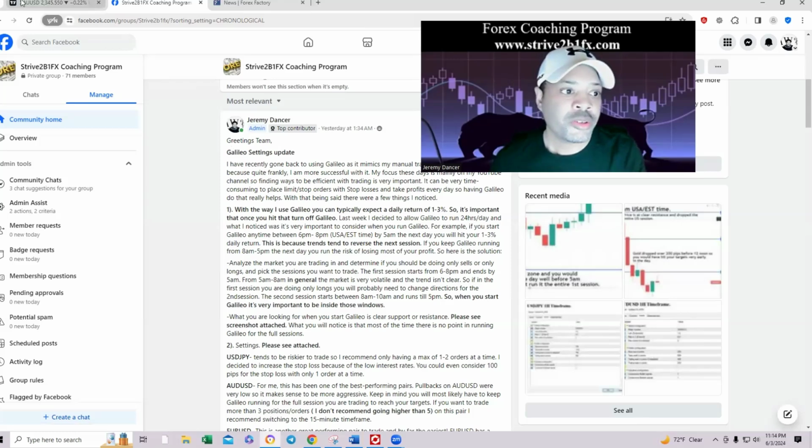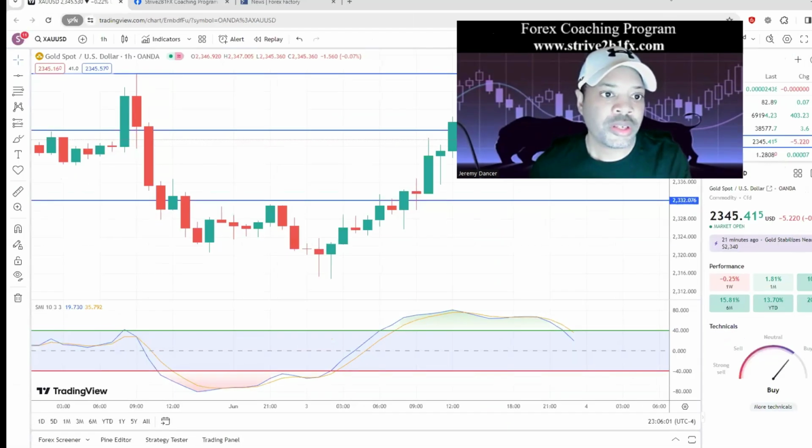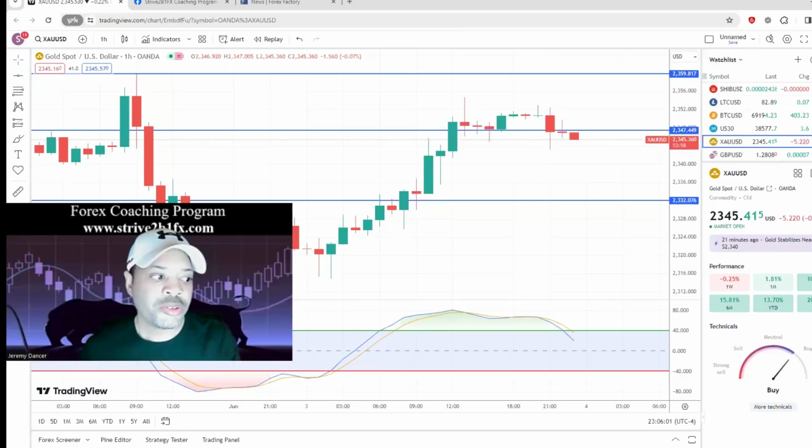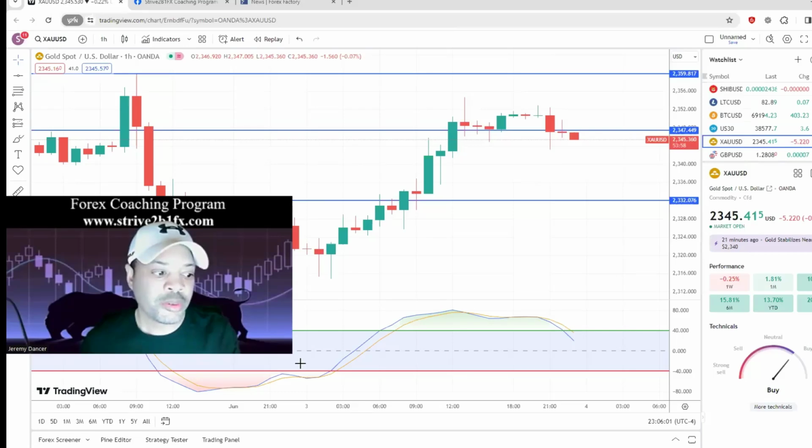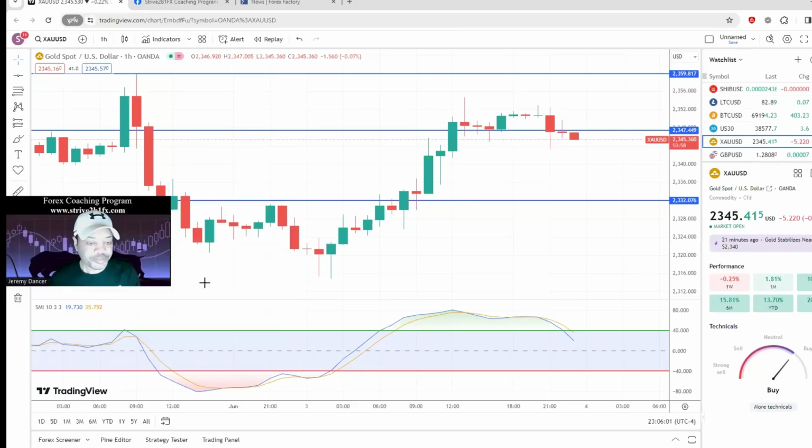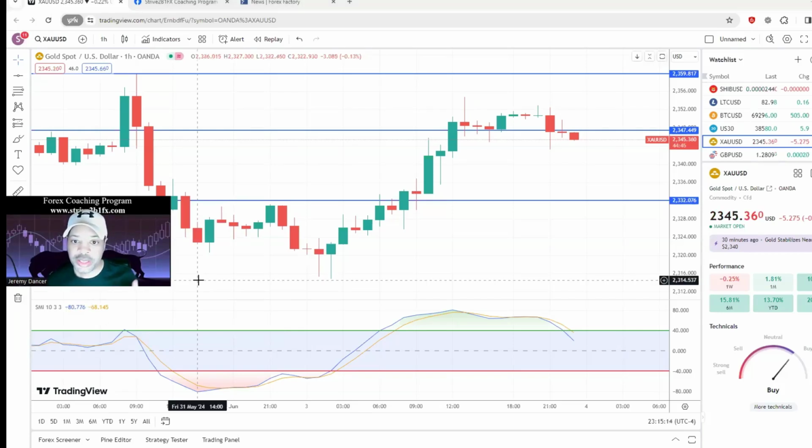Okay, so let's go to TradingView because I think it's easier to look at there. And we can see here what you're looking for when you start Galileo is a strong support zone or a strong area of resistance.